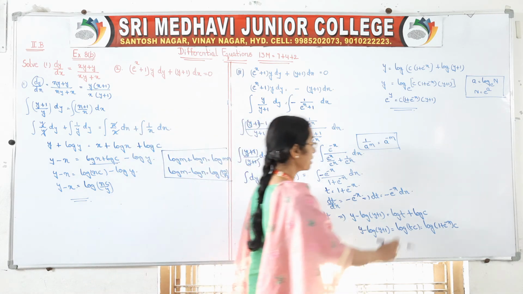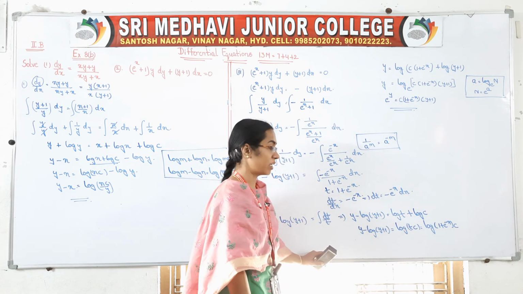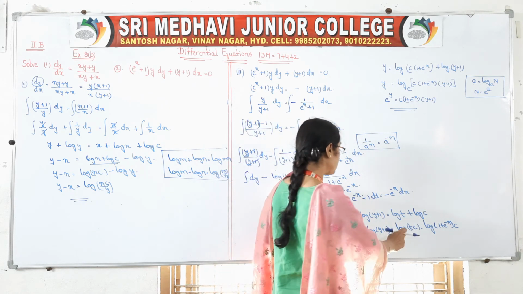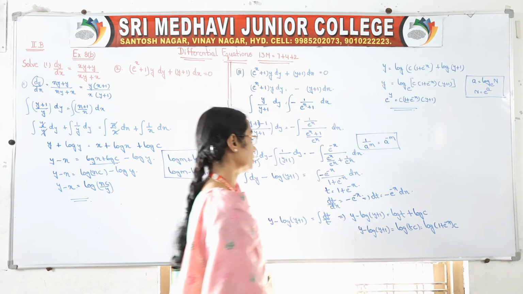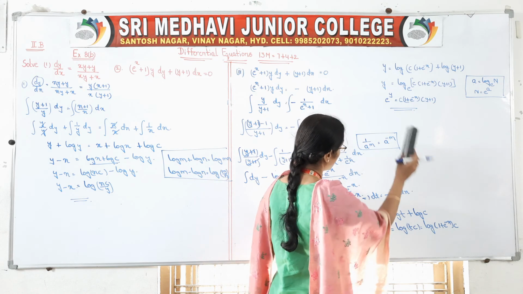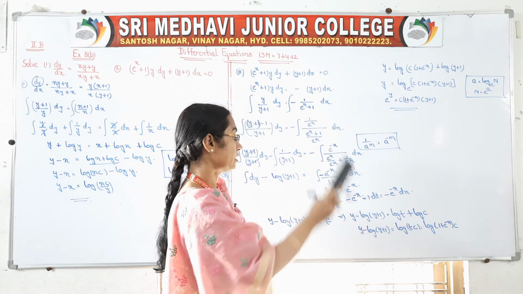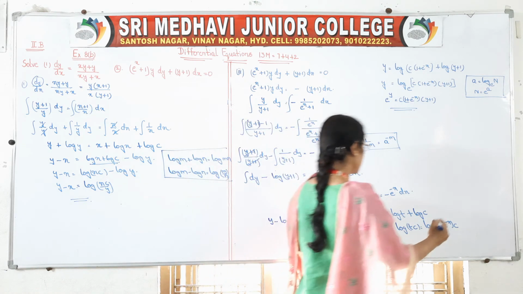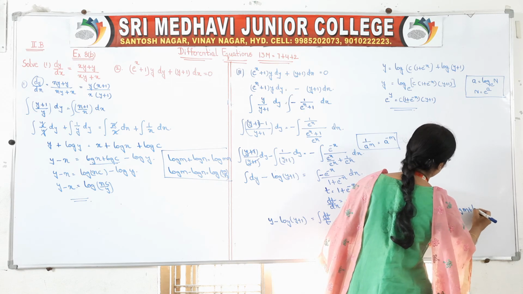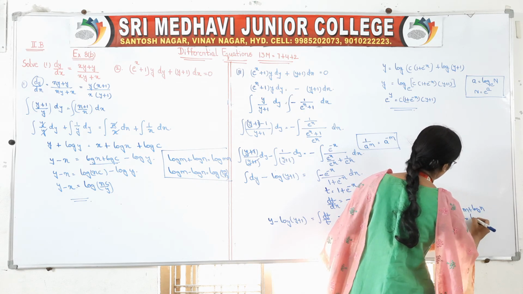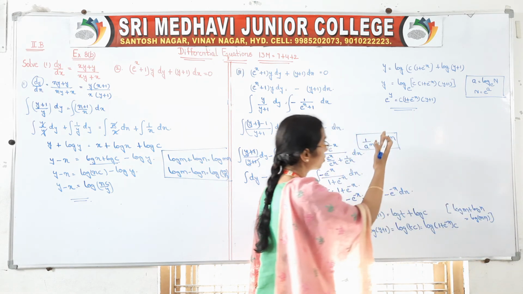Okay, after that, we send the term minus log of y plus 1 to that side, then we got log m plus log n, right? So here we used the formula log m plus log n is equal to log of m into n. We used this formula twice.